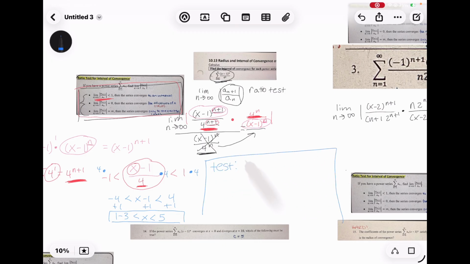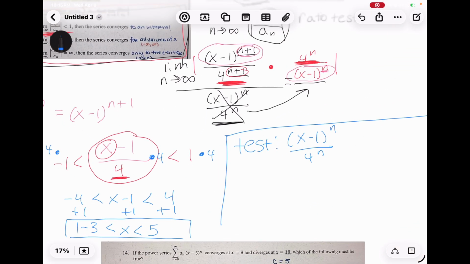So the original equation was x minus 1 to the n over 4 to the n. And one of my x values is -3. And that would simplify to -4 to the n over 4 to the n. And that would also simplify to just -1 to the n.